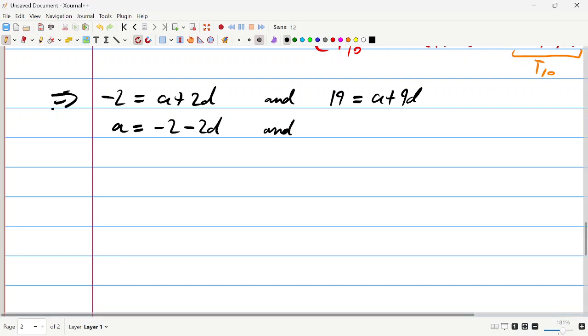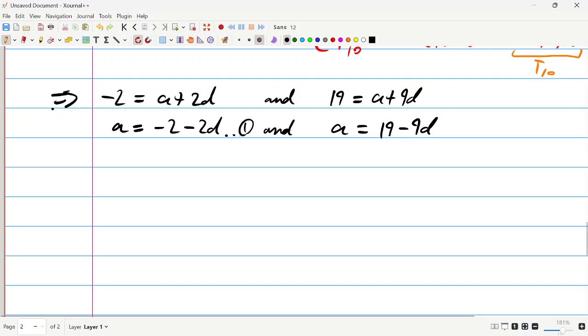And then, when we want to let A be the subject of the formula here, we take the 9D over, therefore A is just equal to 19 minus 9D. And we let this be the first equation, so equation 1, and we number this equation 2.